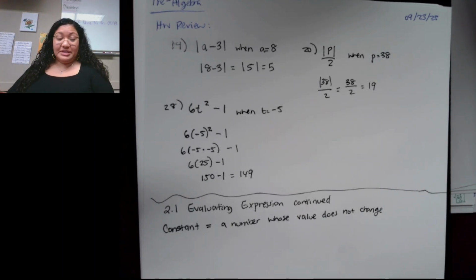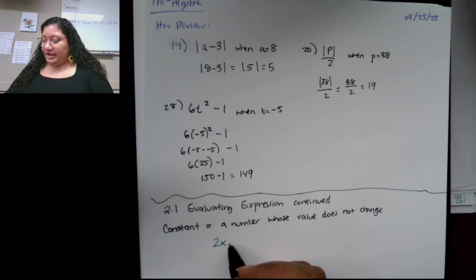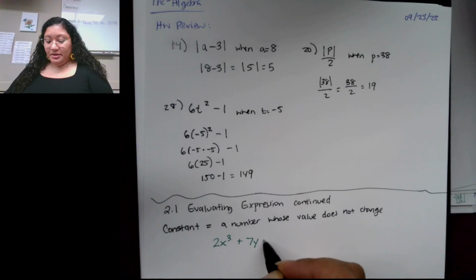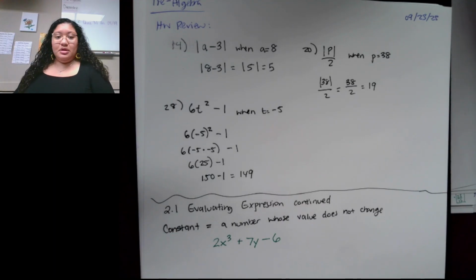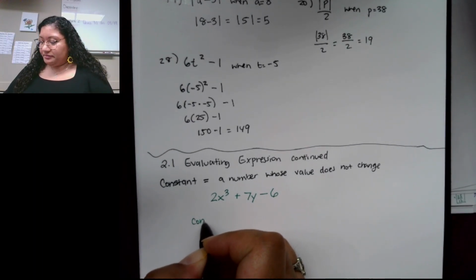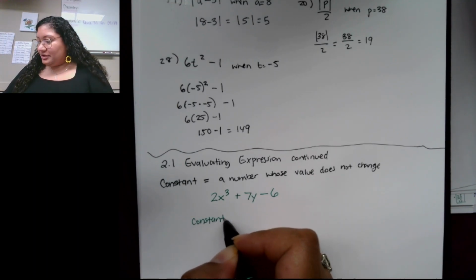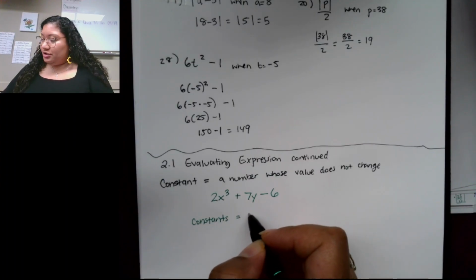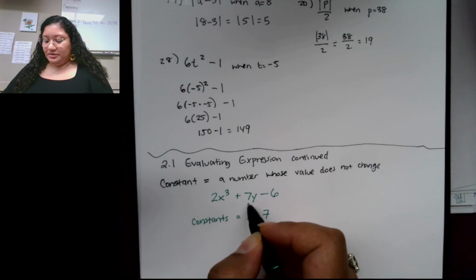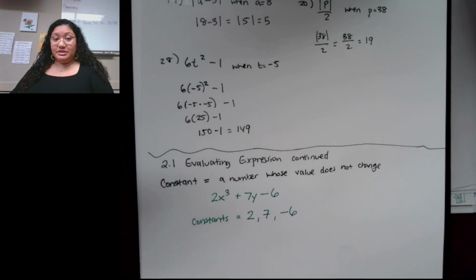So, for example, if I have the problem 2x cubed plus 7y minus 6, my constants in this algebraic expression are 2, 7, and negative 6. These are my constants.